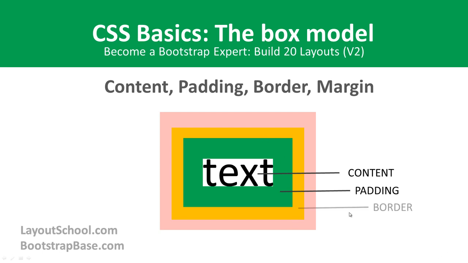So border comes third. And finally we've got the margin, which is invisible, but it gives us spacing between different HTML elements. So that's it. We've got content, padding, border, and margin as the outermost part of our box model. So each element in HTML should adhere to this kind of structure.